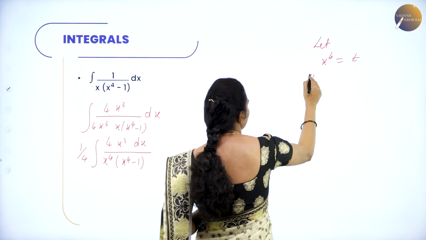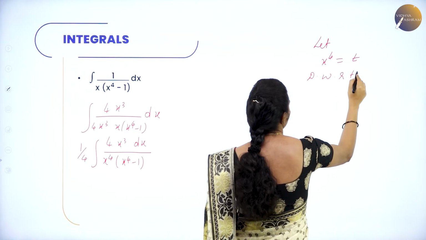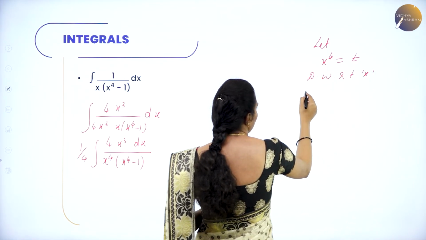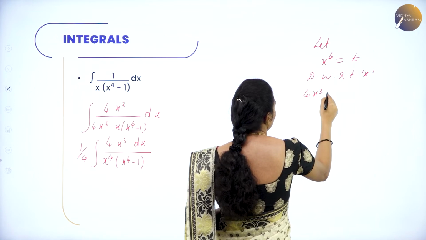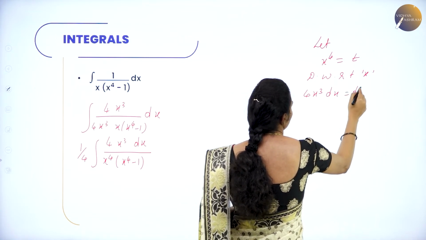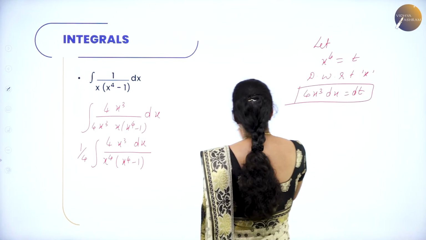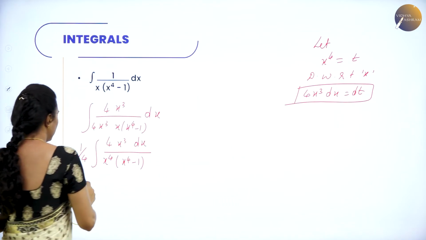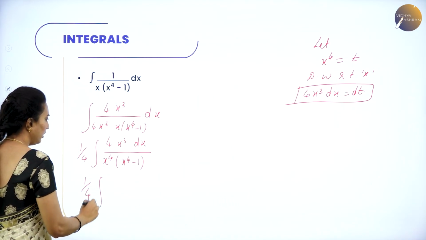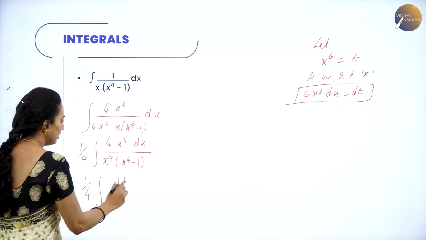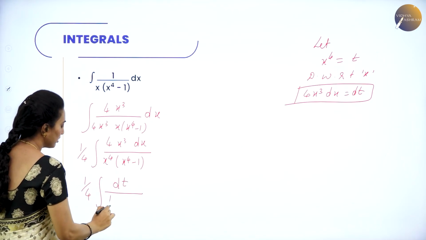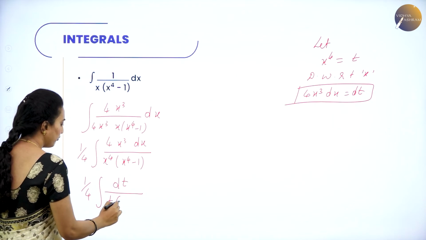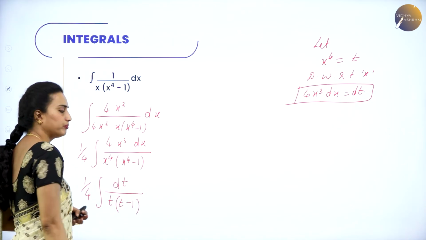If I differentiate this with respect to x, you get 4x cube dx is equal to dt. Now you can substitute 4x cube dx as dt. So 1 by 4 into the integral of dt divided by x to the power of 4, which is nothing but t, into x to the power of 4 minus 1, which is t minus 1.